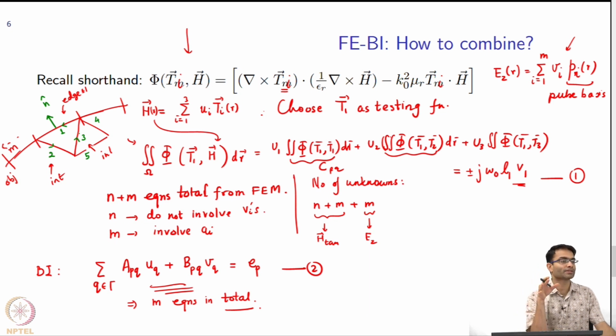Everything that is common to edge 3 will come. So I will get u1, u2, u3, u4, u5, but no others will be 0. So that's how it will appear. The second part of interior edges does not change at all. It's as you did FEM before, that's how you would do it.